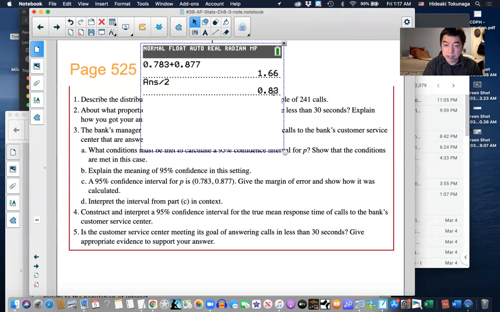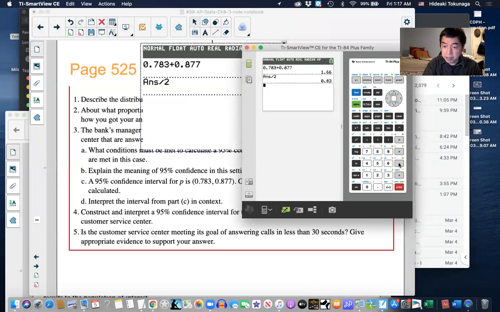So let's subtract first: 0.83 minus 0.783 is 0.047.